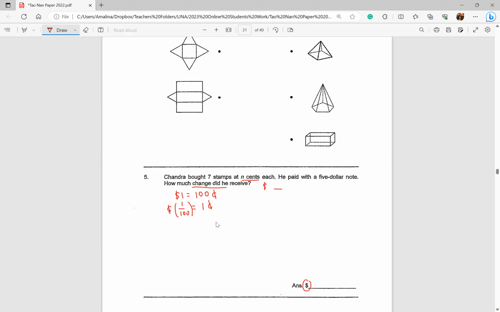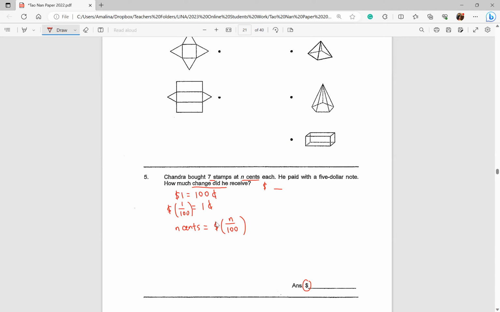So same for this one. If you have n cents each, if I want to change this to my dollars, means I will have to divide this by 100. Okay, n over 100.